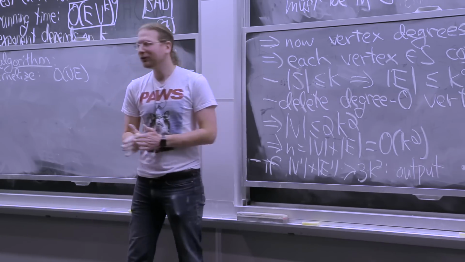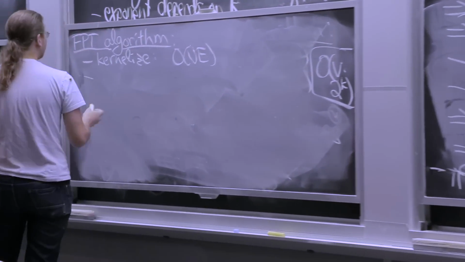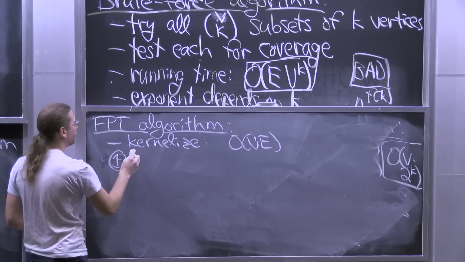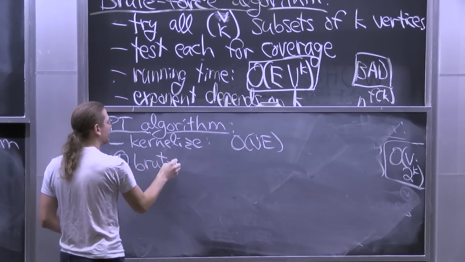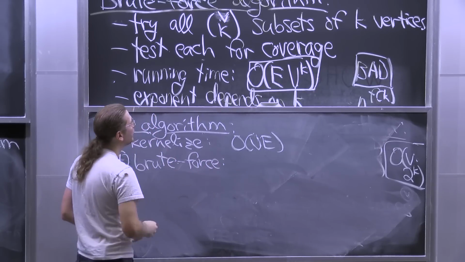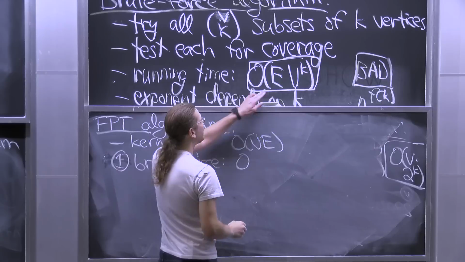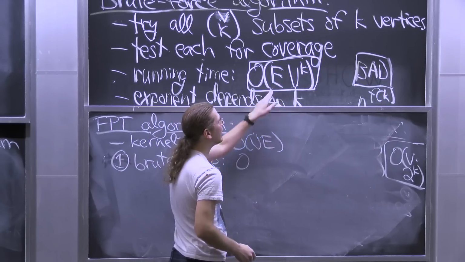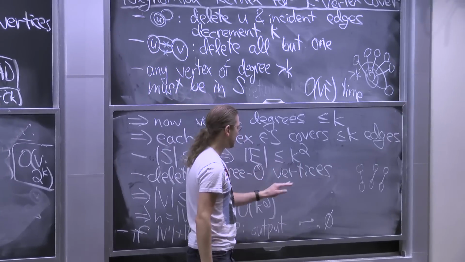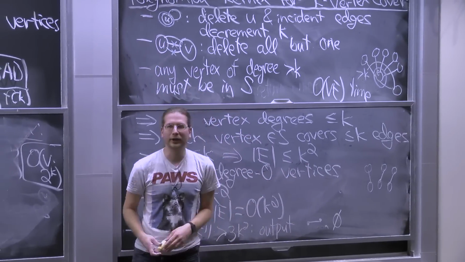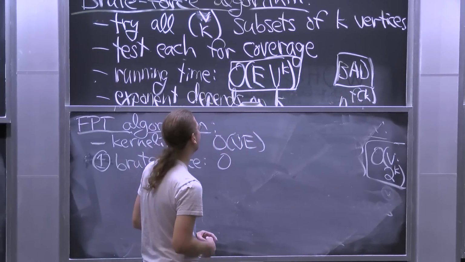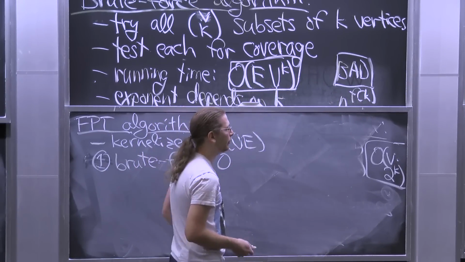All right. So now let's say option 1: use the brute force algorithm after that. The running time of that is E times V to the k. But now E is k squared, and V is also order k squared. I do have to worry about constants here because it's in the base of an exponent.